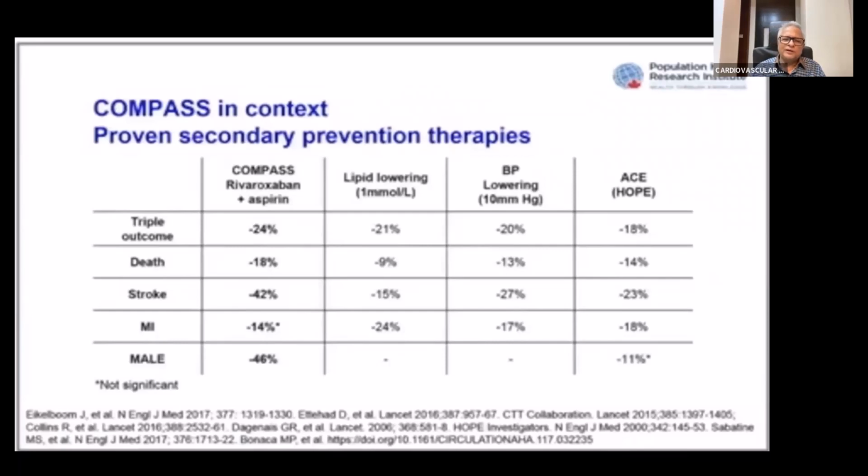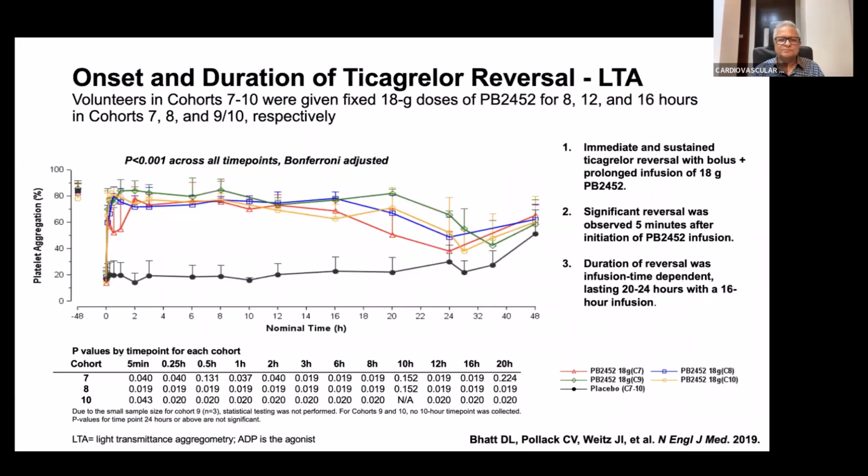And when it compared the results with the lipid lowering agents, BP lowering agents, and ACE inhibitors, it says that in the triple outcome of death and stroke, COMPASS rivaroxaban with aspirin is superior to lipid lowering, BP lowering and ACE inhibitors. So this is a very interesting finding, and we should look at this angle in selected patients.